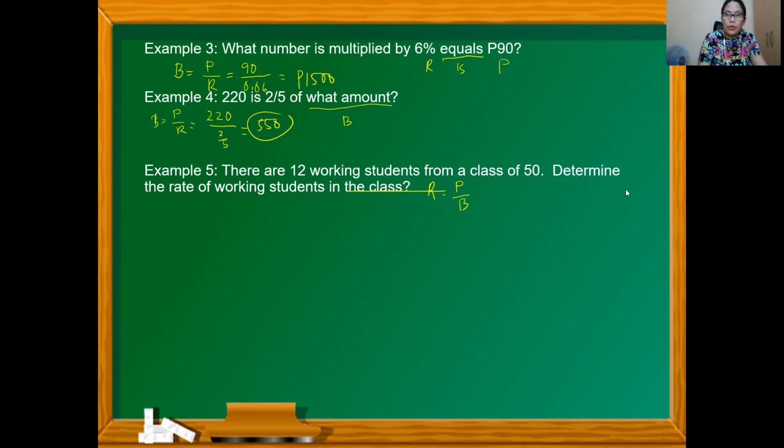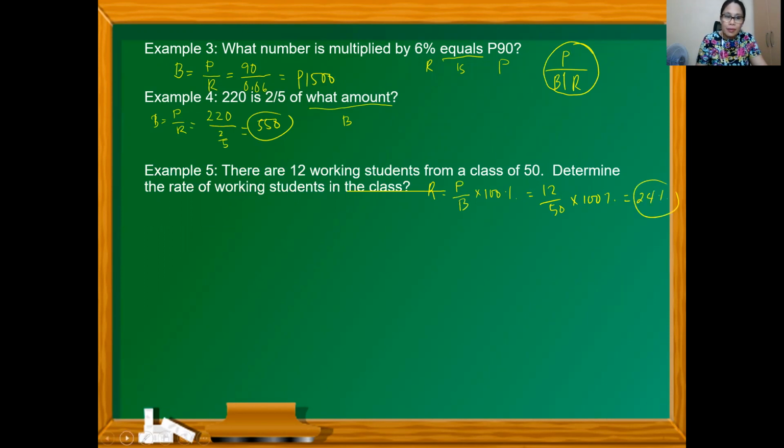Or if you remember this formula, when you cover R, R equals P over B. But we want to express the answer in percent, so we have to multiply the result by 100%. So the percentage is 12, and then we divide by 50 times 100%. So that is equal to 24%.